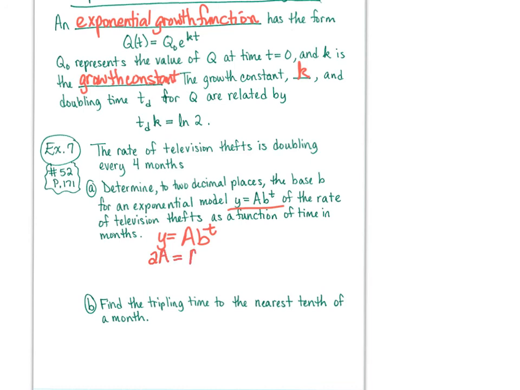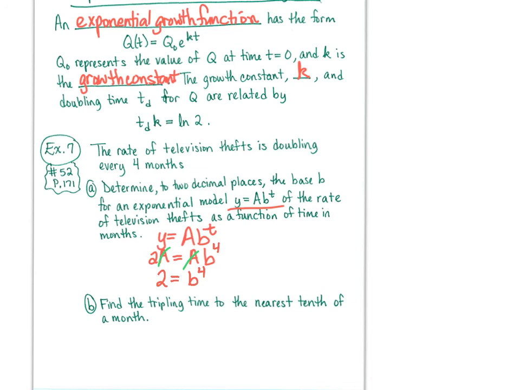So 2a is equal to a times b to the t. And what's t? T is your time. The doubling every 4 months. So t is 4. So a times b to the 4th. Well, that means our a's cancel because we can divide both sides by a. And that gives us 2 is equal to b to the 4th.